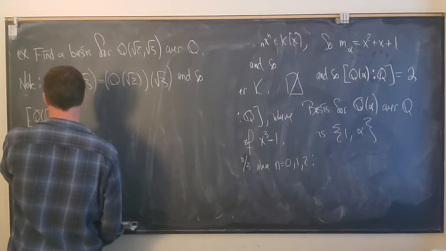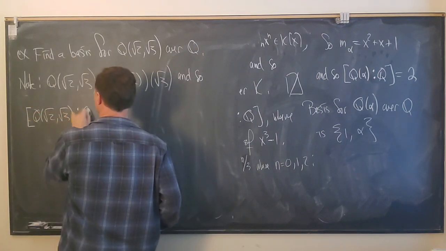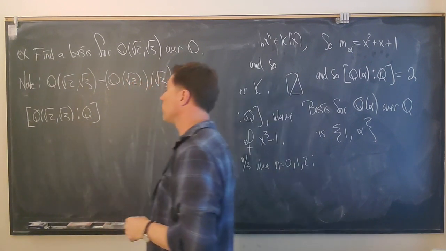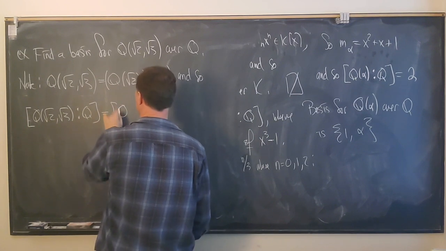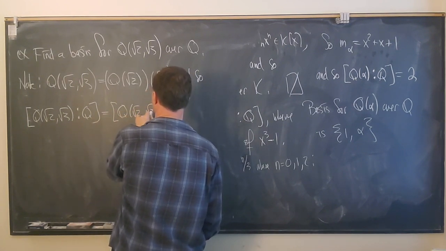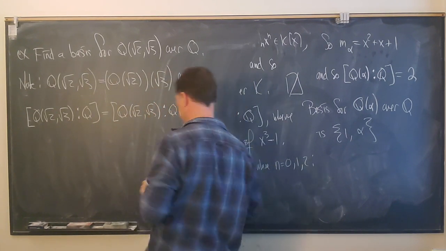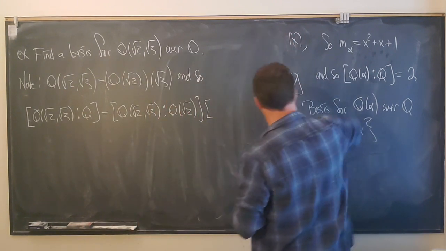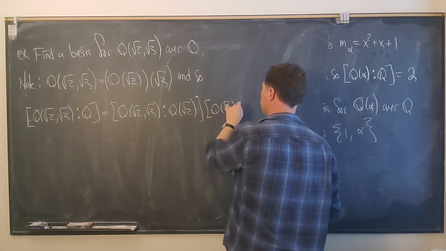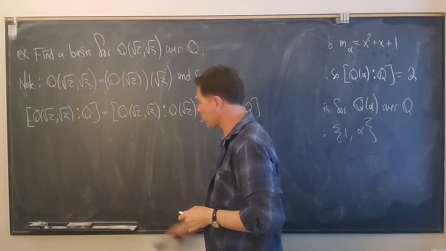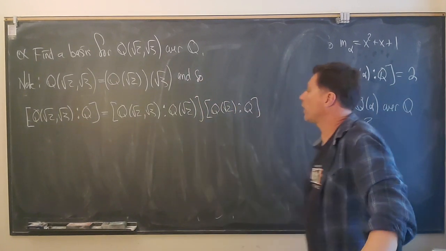And so if we wanted to know the size of our basis, the degree of the extension Q adjoin root 2, root 3 over Q, according to the tower law, that's going to be the degree of Q adjoin root 2, root 3 over Q adjoin root 2, times the degree of Q adjoin root 2 over Q. So if I could find each of these numbers, that would tell us how many basis elements we need for Q adjoin root 2 and root 3.